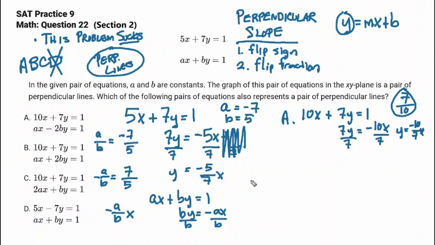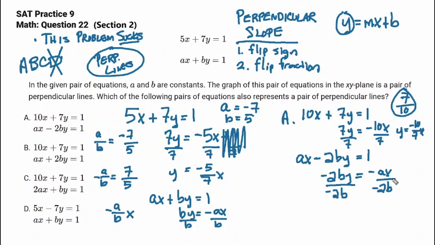The second equation is ax minus 2by equals 1. All right, so negative 2by equals negative ax. 1 doesn't matter. I'm going to divide through by negative 2b.